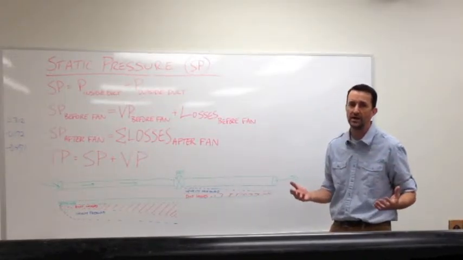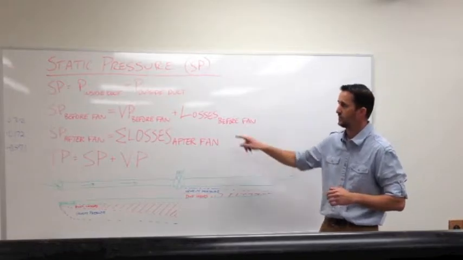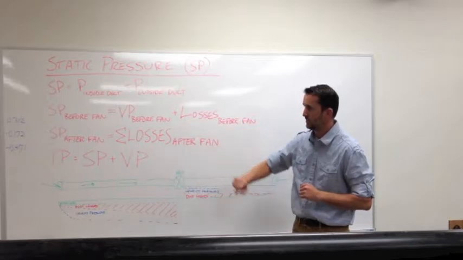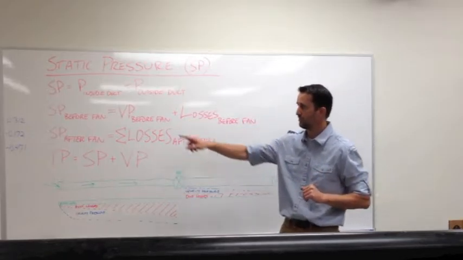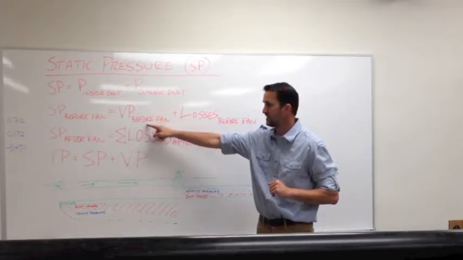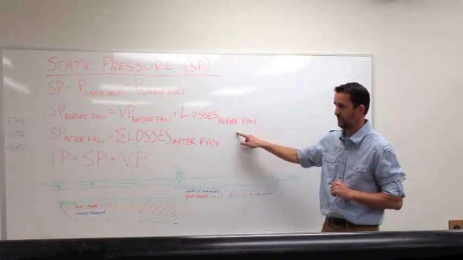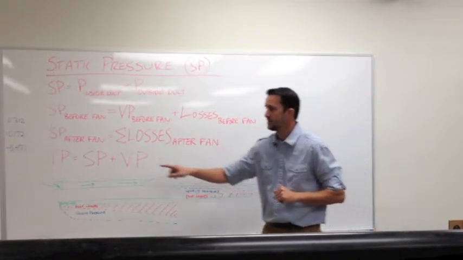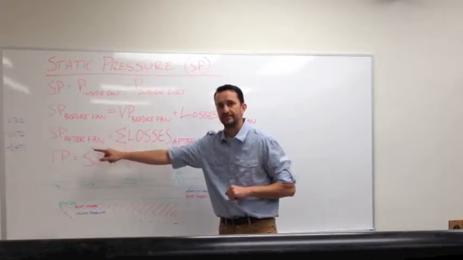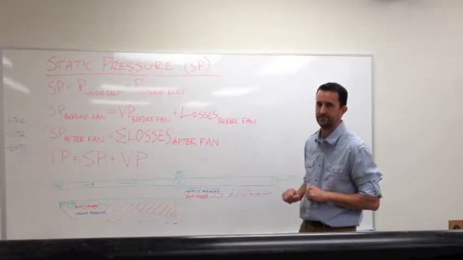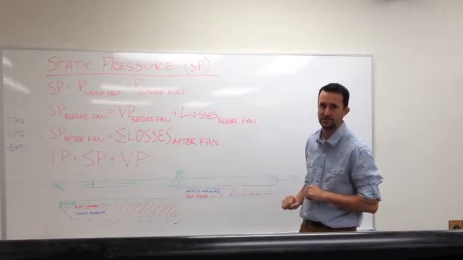So there's only one velocity pressure, and we attribute that to before the fan. Okay? So again, static pressure before the fan is the velocity pressure before the fan plus losses before the fan. Static pressure after the fan is measured as the sum of the losses after the fan. We've already counted for velocity pressure before the fan.